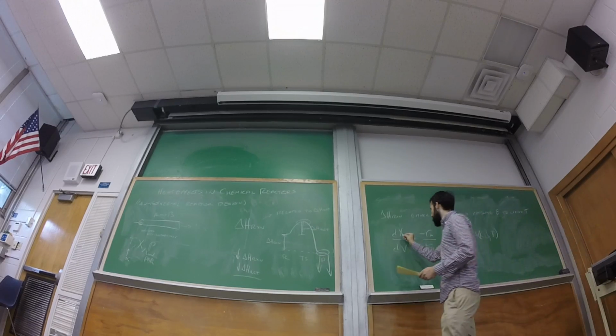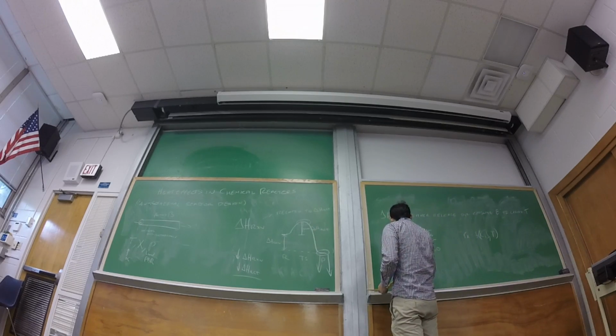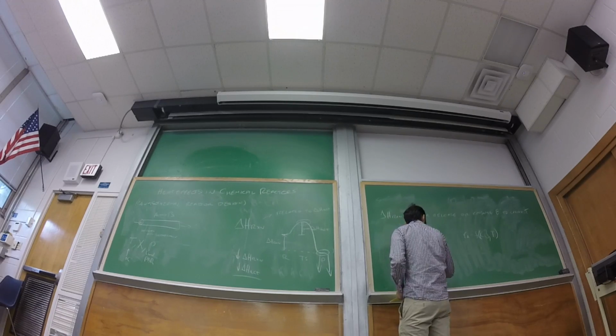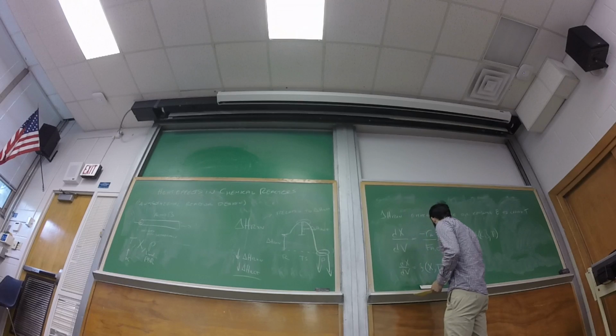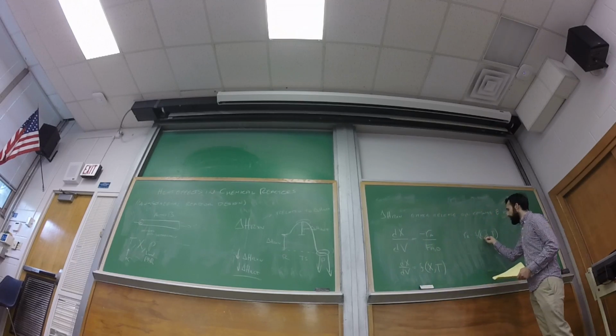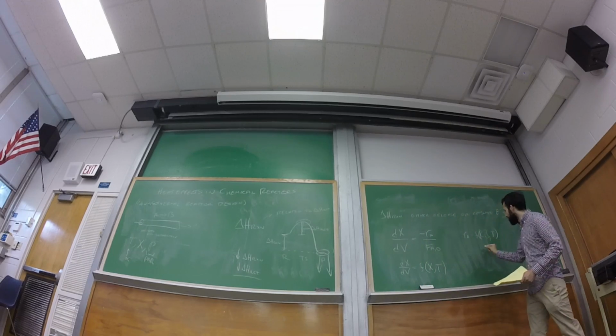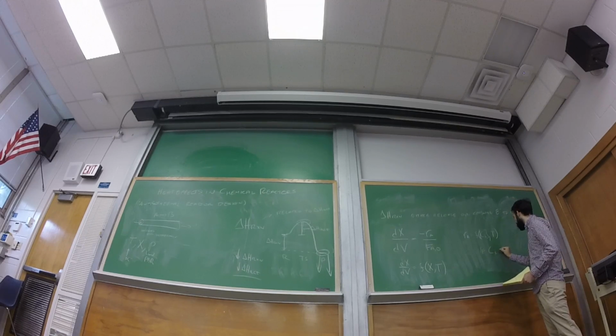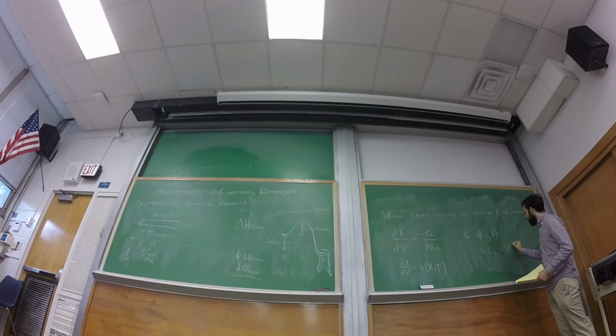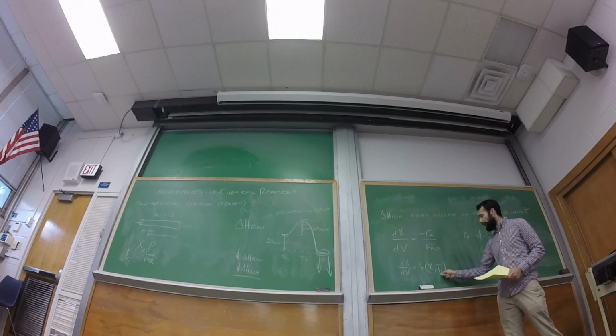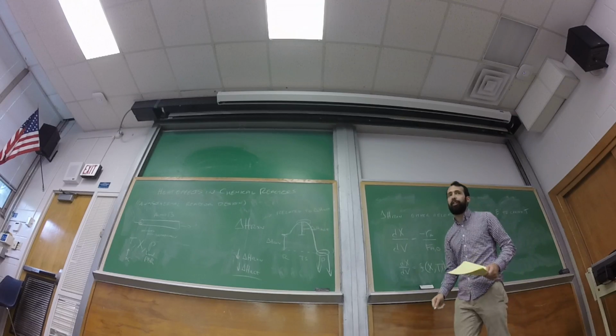So that means that dX/dV is a function of conversion, which is concentration, and temperature. And of course, if the concentration is also a function of pressure, then I could also have pressure in here as well, if pressure's changing.